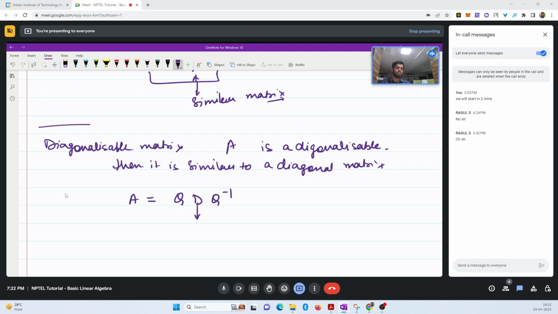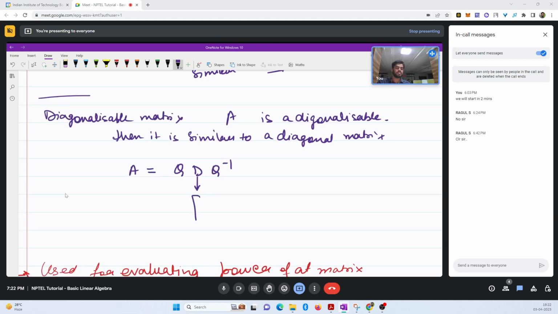So ये जो D मैट्रिक्स है, it's a diagonal matrix. उस डायगोनल मैट्रिक्स के जो डायगोनल एलिमेंट्स हैं, दोज आर नथिंग बट आइगन वैल्यूज ऑफ A. और जो Q मैट्रिक्स है, Q मैट्रिक्स के कॉलम्स आर आइगन वेक्टर्स कॉरस्पॉन्डिंग टू दोज आइगन वैल्यूज.